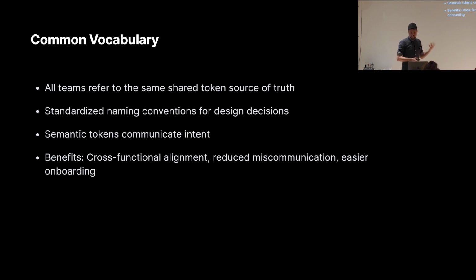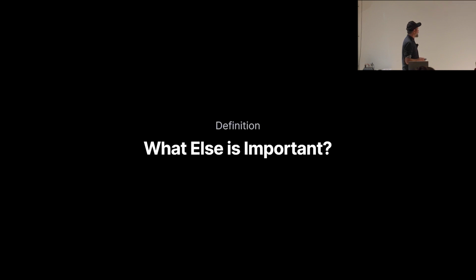You have a standardized set of naming conventions, and what we also get when I mention common vocabulary, if we name our tokens in a semantic way, we can also get a self-documenting resource actually, and have a token that already provides some information about the intended use case. And this may reduce miscommunication. Also, it may make onboarding easier.